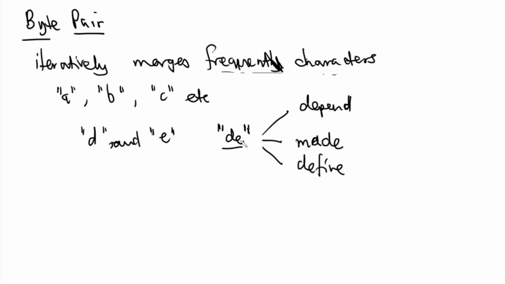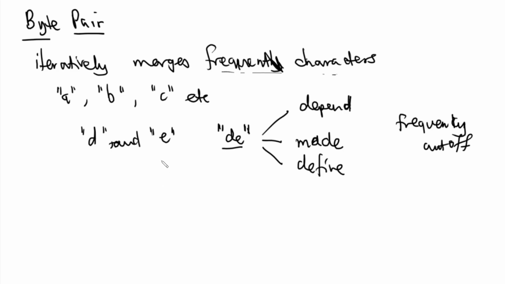So it merges DE. Of course, there's going to be a frequency cutoff or a frequency threshold where it stops merging, but it merges iteratively like that.